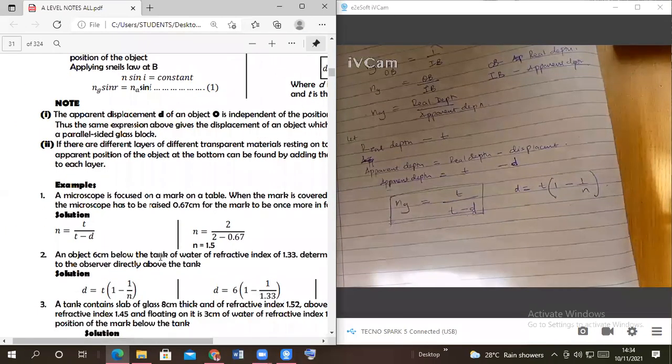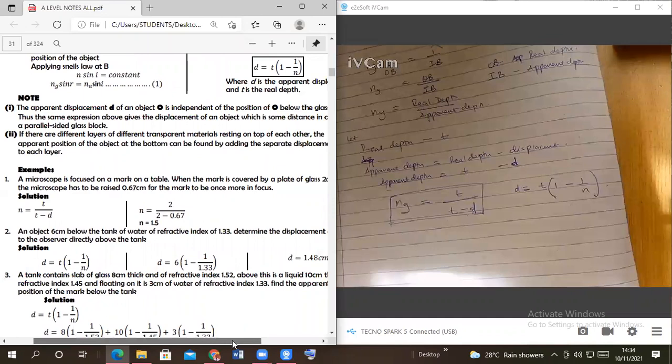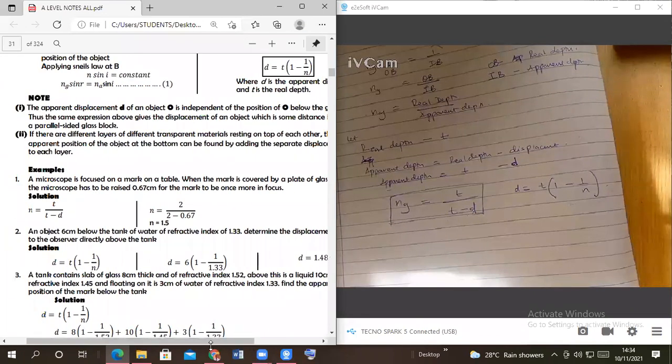Okay, they are saying, note, the apparent displacement D of an object O is independent of the position of O below the glass block.